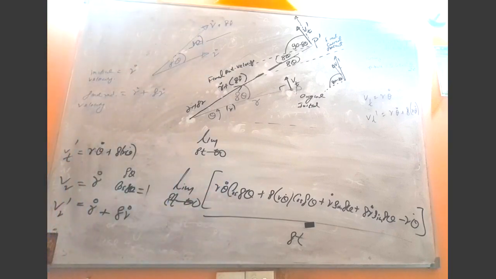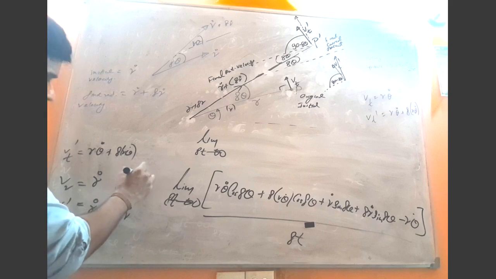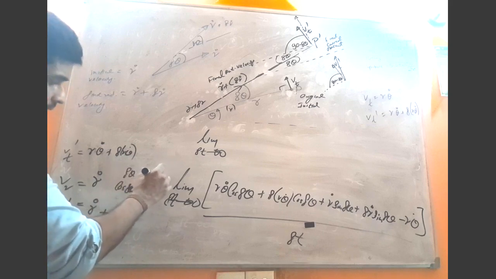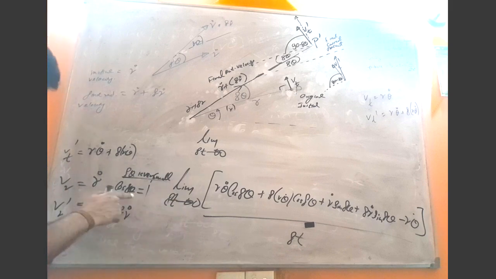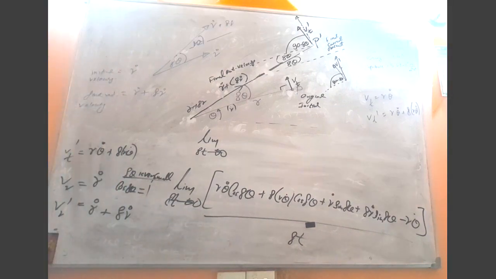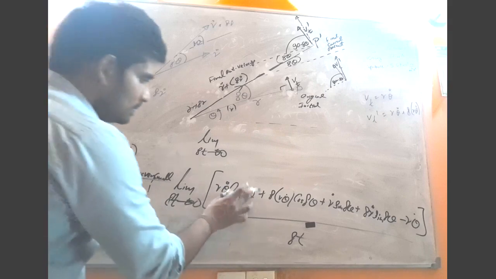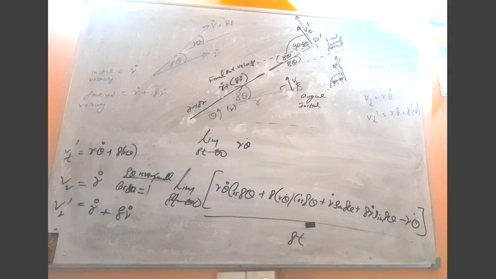Since delta theta is very small, this cos delta theta will become 1. So here we will be getting r theta dot, right?